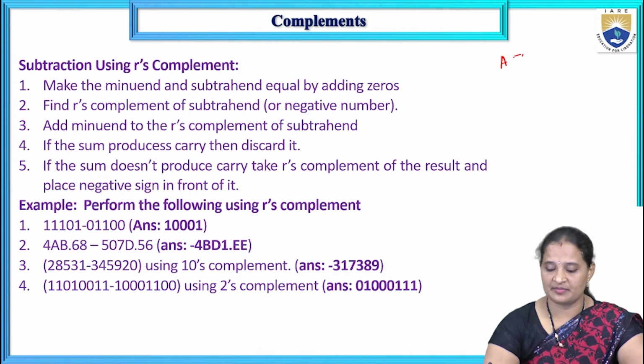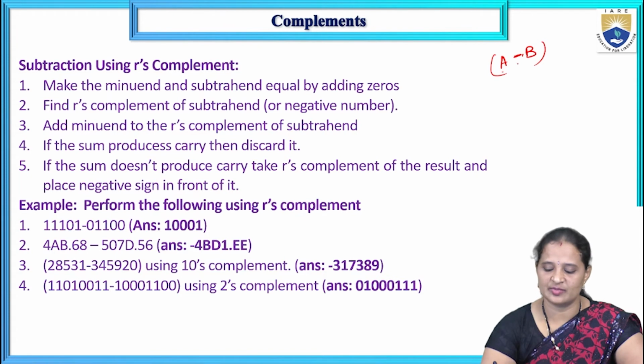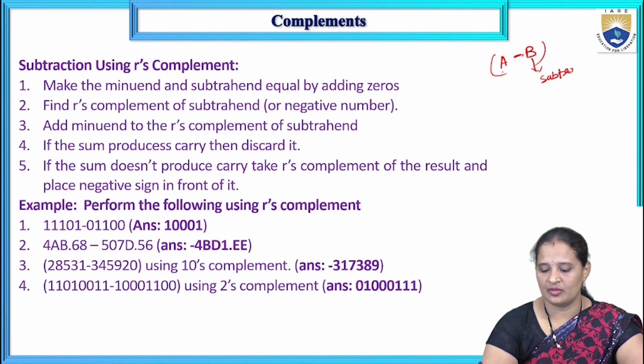Whenever you are performing a subtraction, we will always consider the numbers as a and b, a minus b. The number which is going to be subtracted is called the subtrahend. So b is called the subtrahend and a is called the minuend.